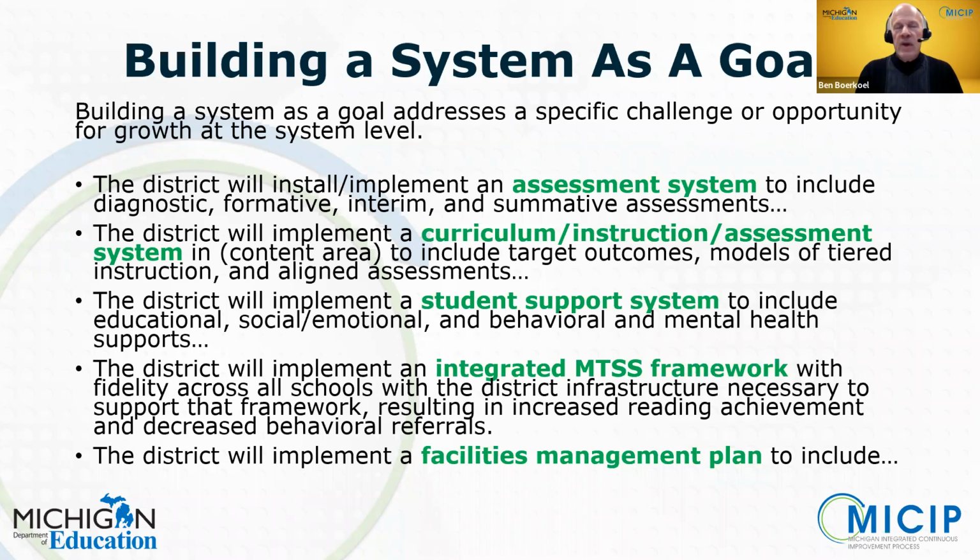As we get closer towards strategic planning, you might need to implement a facilities management plan or system. And you notice what we've done for each of these also is we have suggested what those might include. Now, that's not saying that every goal that is built as a system goal has to include all those, but we do find that suggesting what those might include helps building out the rest of the plan.